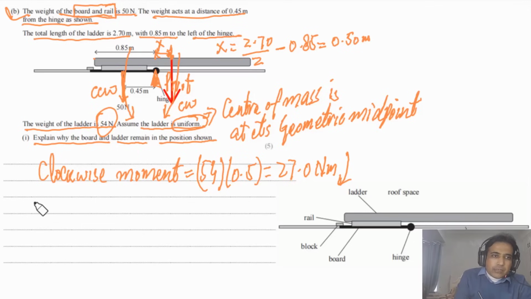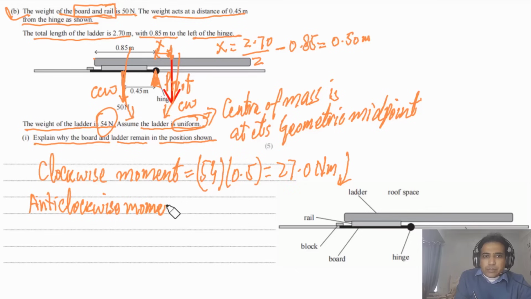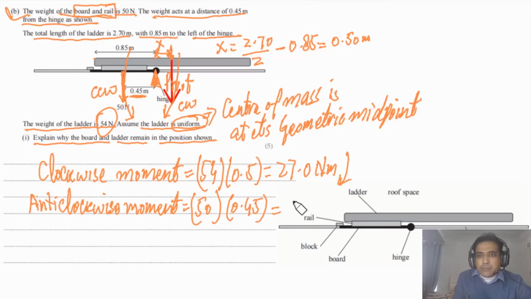The anti-clockwise moment will be equal to the force, 50 newtons, and the distance from the pivot is 0.45. If we multiply this one, we will get 22.5 newton meters, and this one is counterclockwise.